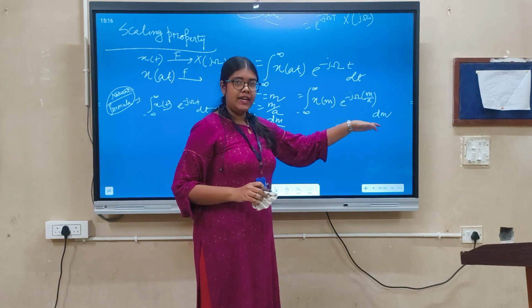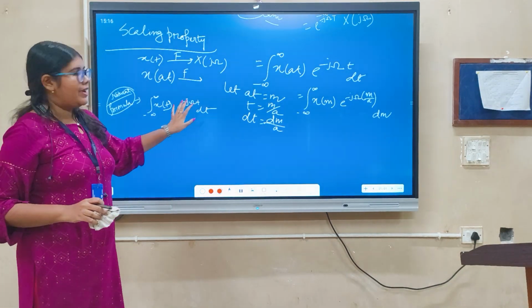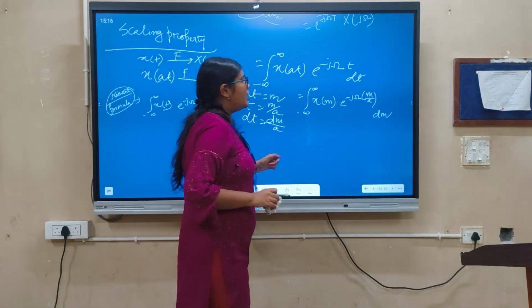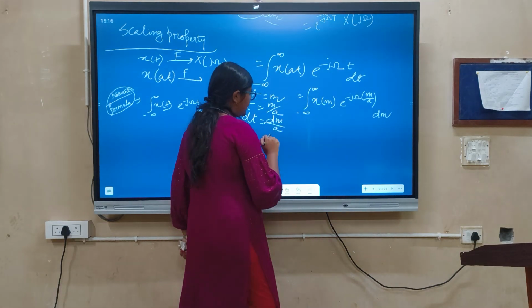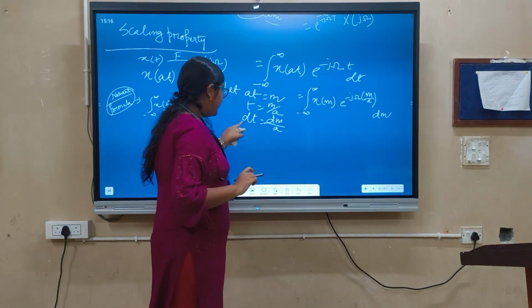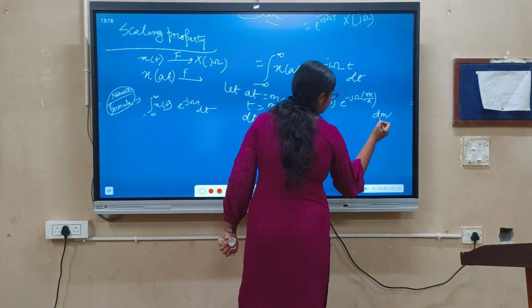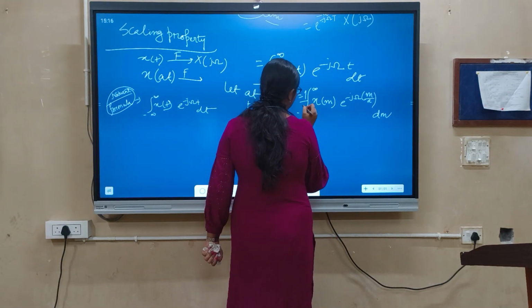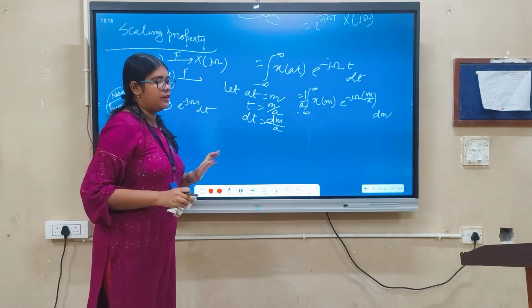So we get m by a, but we didn't get any kind of denominator here. Again, when we put dt, we have to put dm by a also. So I am just taking the constant 1 by a and taking it outside.